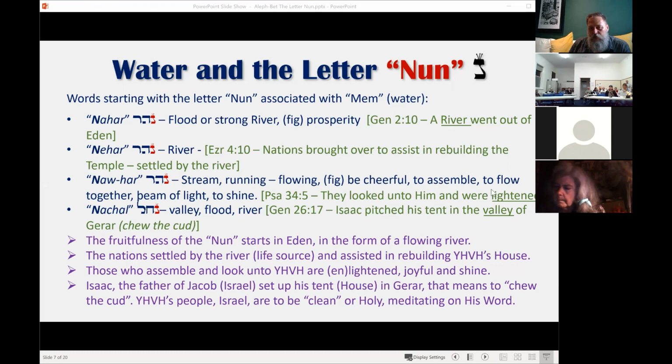And when they look upon him, they will be enlightened, which is that part of the rebirth process. And then they will chew the cud. They will then do holy things and clean things and try to please Yahweh.